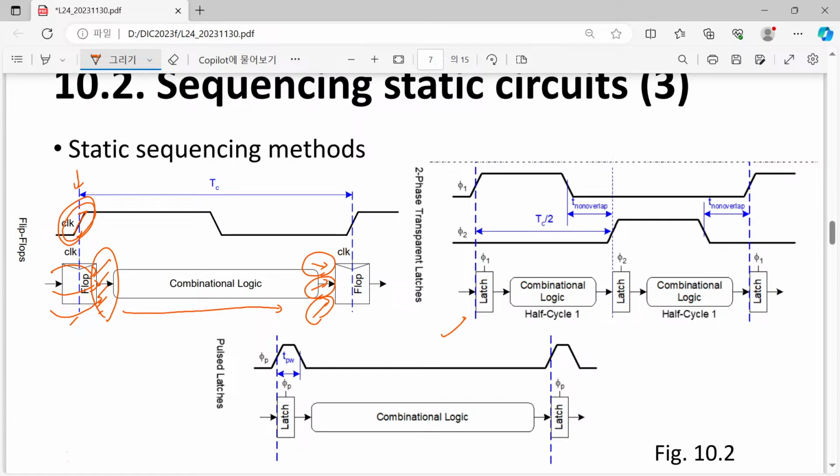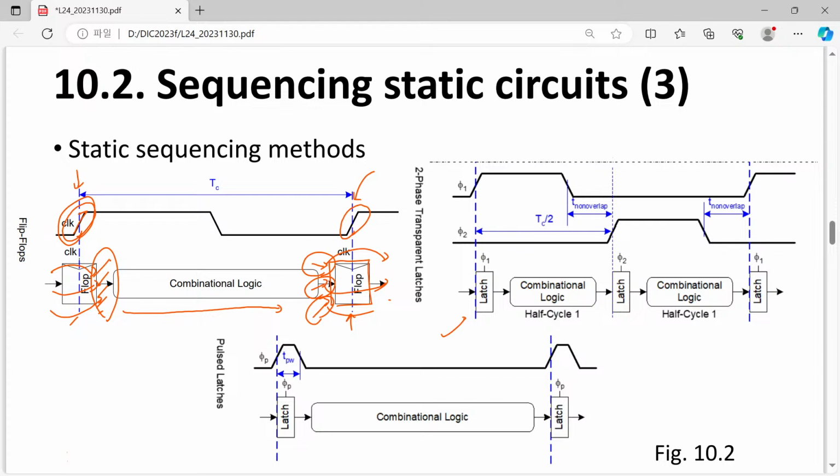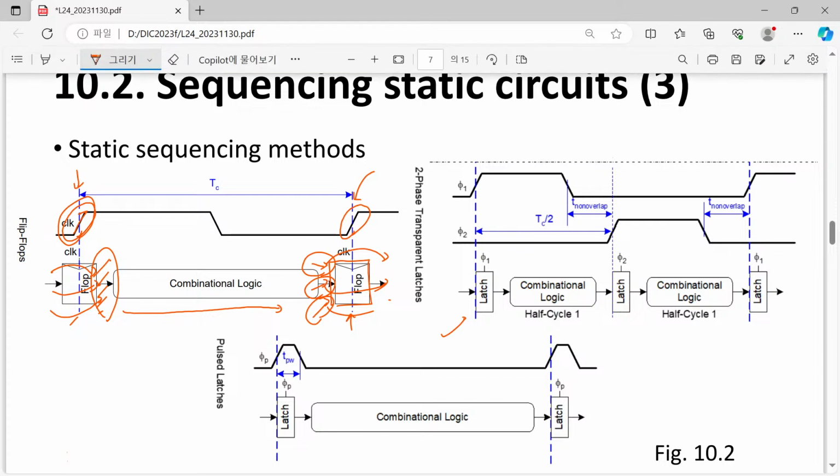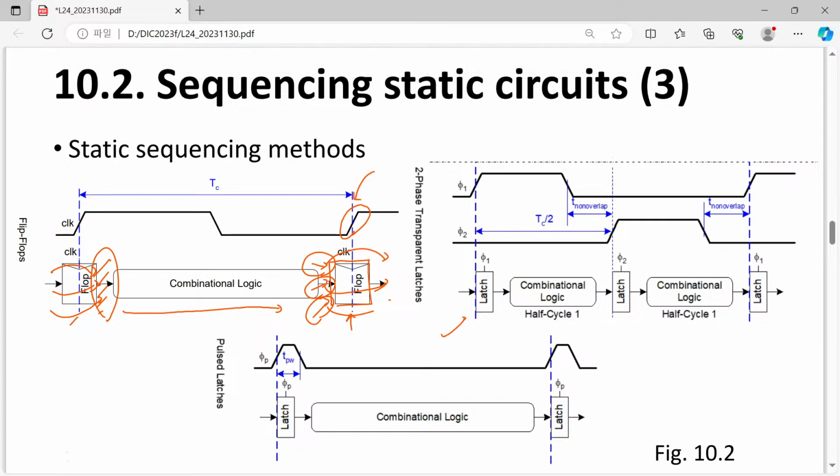However, here we have flip-flops, and only when the next signal comes to the next flip-flop stage, then these signals are passed through to the next one. Okay, so now you understand this situation.